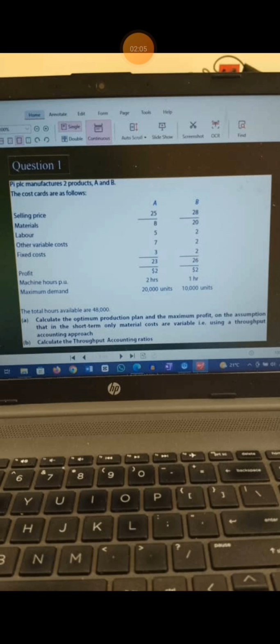Labor, $5 per unit for A, and $2 per unit for B. And then the other variable costs, that's $7 for A and $2 for B, and fixed costs $3 for A and $2 for B. And the total costs are $23 for A and $26 for B.